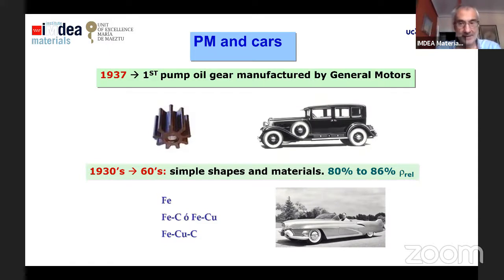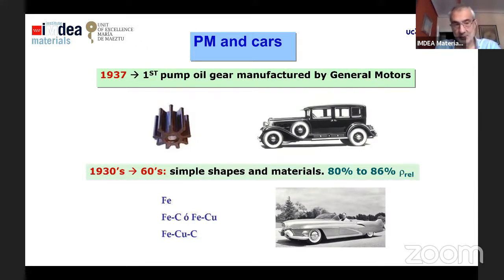Powder metallurgy of iron appeared in that period as a way to reduce cost and reduce the use of raw materials. You have to think that we were just before the Second World War, in which saving materials and energy was really important for industry.